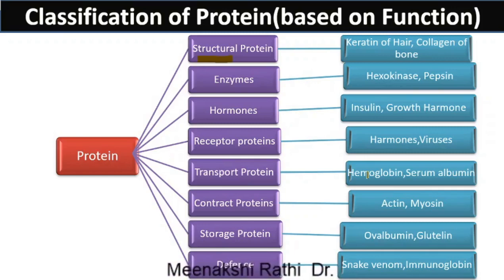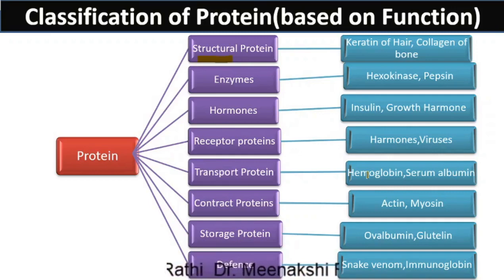The third type of classification of protein is nutritional classification. Depending upon the nutritive values, proteins are classified into three types: complete protein, partially incomplete protein, and incomplete protein. The proteins which have all 10 essential amino acids required for the human body for proper growth are called complete protein. Examples are egg albumin and milk casein, which contain all the amino acids required for the human body.